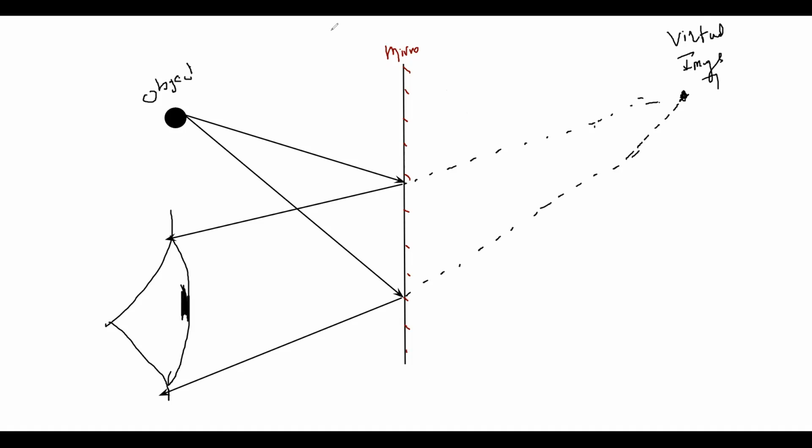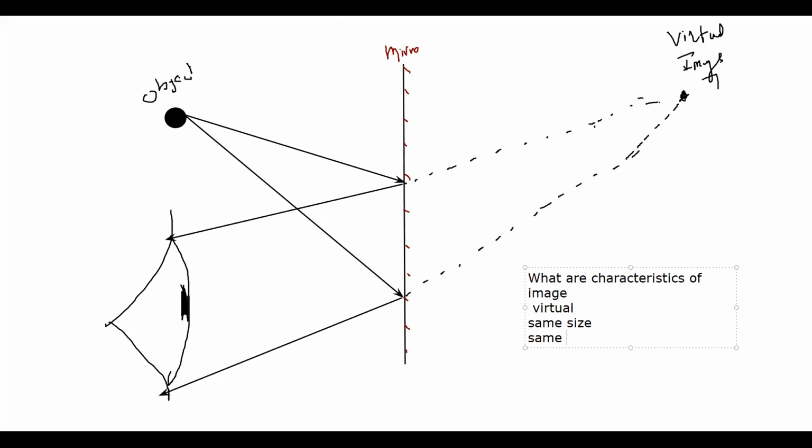So what are the characteristics of this image? Number one, it is virtual. It's not real. Number two, it is the same size. If you're standing in front of a mirror, you will find your size is the same.